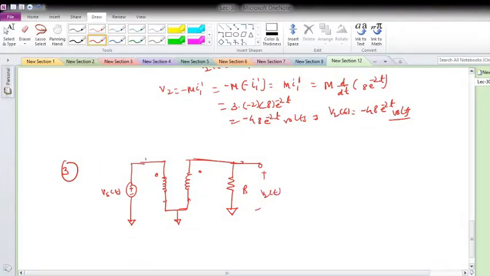Dots are like this, so this is my I1, this is my I2, and this will be my mutual coupling M. Find out what is my V2(t).